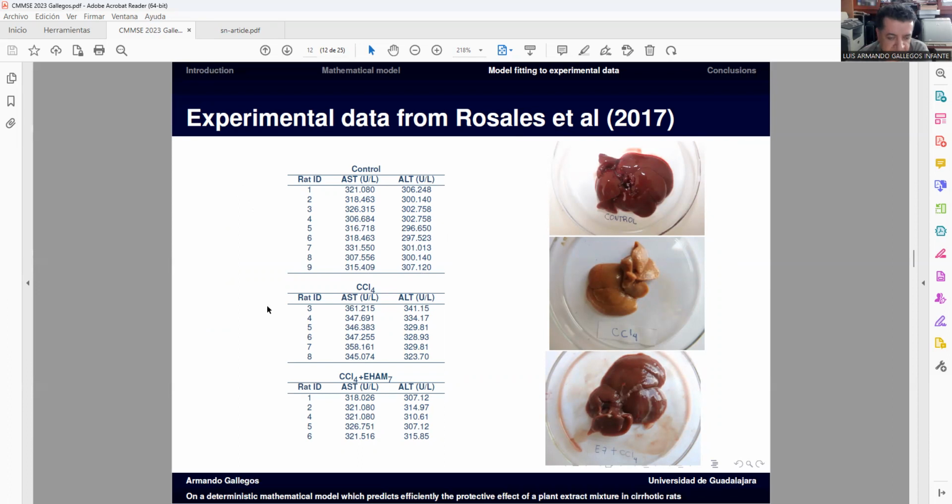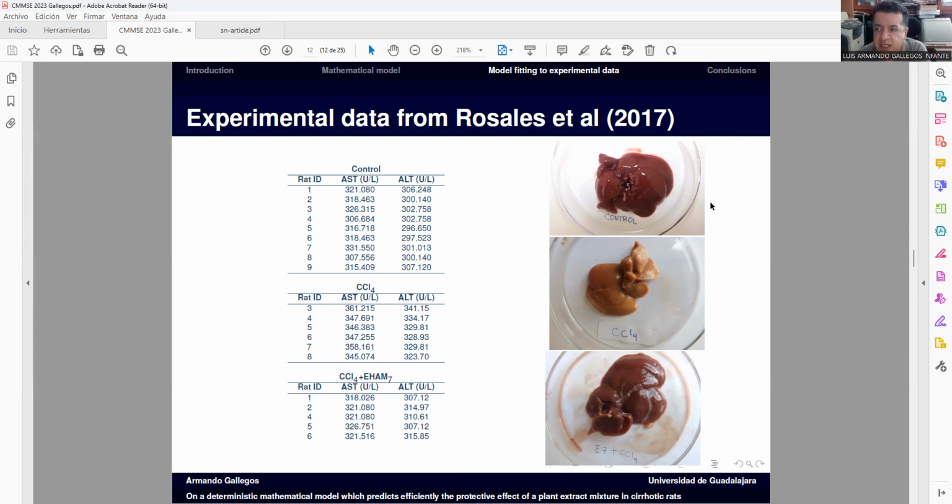The second group includes rats where cirrhosis was induced by tetrachloride only. Finally, the third group includes rats with damage from the tetrachloride, but including the extract of plants.